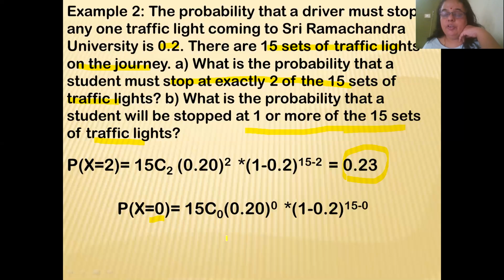The probability of more than 1 stop we can calculate as 1 minus P of 0. When you calculate that, you will get the required probability.